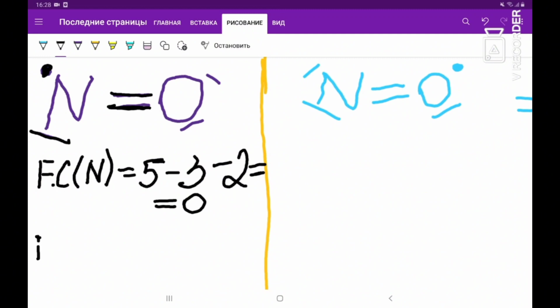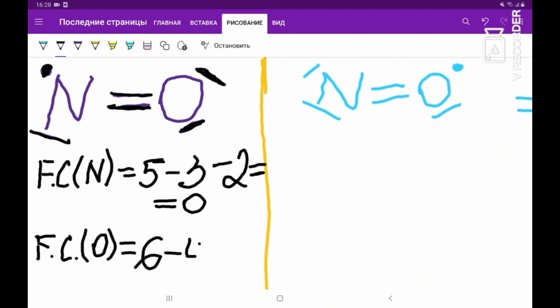Let's calculate the formal charge of oxygen. Number of valence electrons, 6, minus the number of free electrons, we see 1, 2 pairs, it means 4 electrons, minus the number of bonds, 2, that will be 0. So in both cases, formal charges are 0.